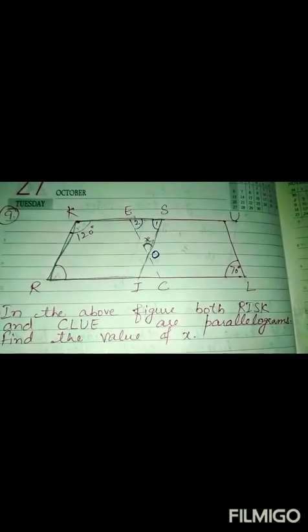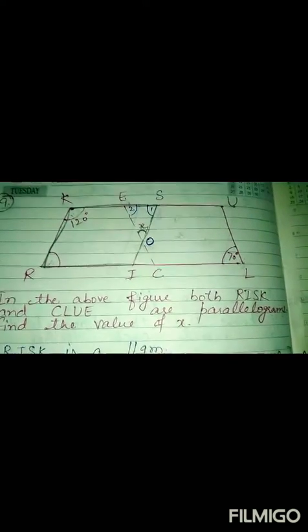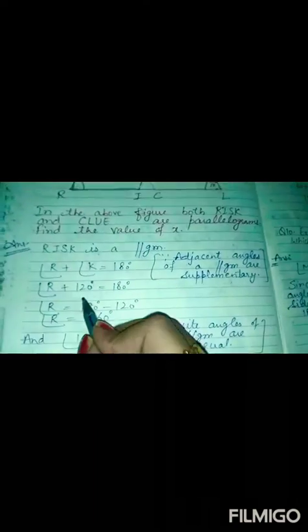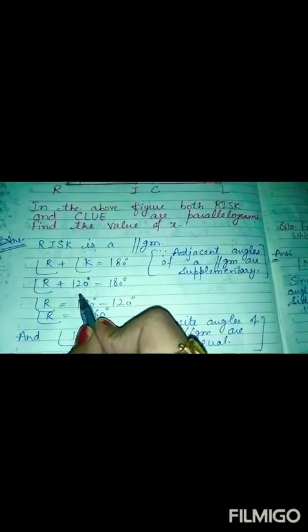So adjacent angles of a parallelogram are supplementary. So R plus K equal to 180 degree. Here you have to give the reason. Then angle K is given to be 120 degree. Put the value of the angle K and find the value of R. What is the value of R? 60 degree.